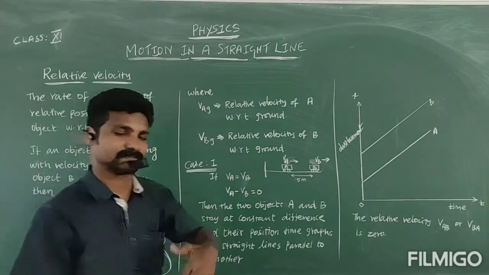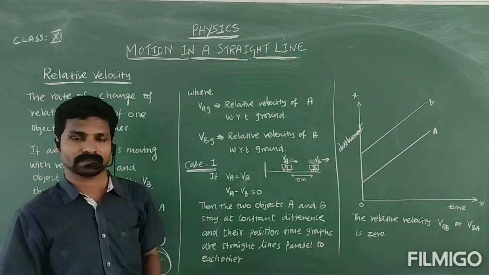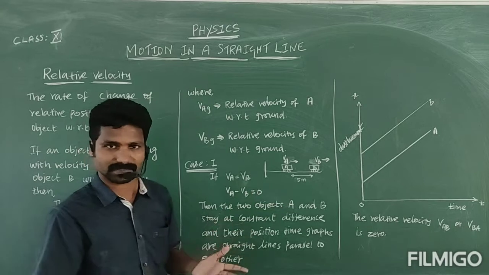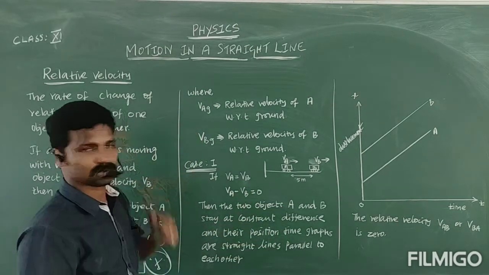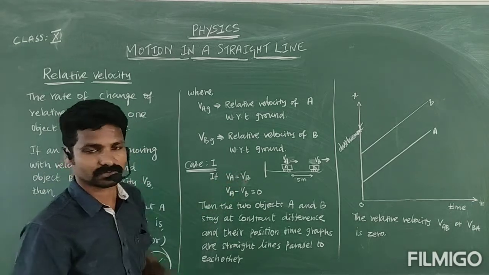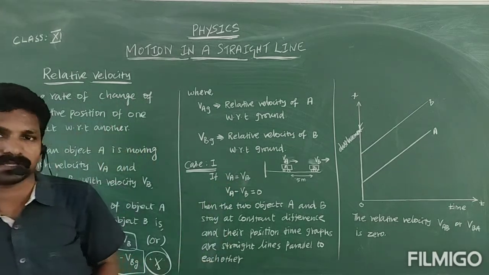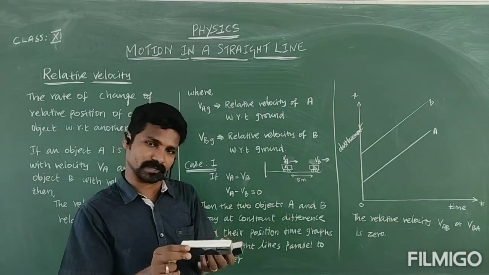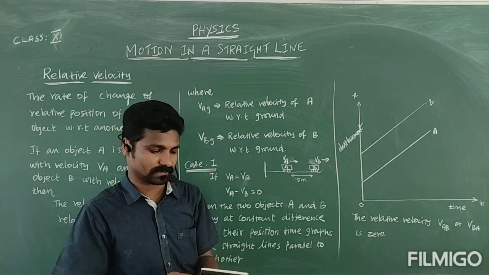Now we discuss some special cases. Maybe both having the same speed or different speed or whatever. See that. Case 1. If VA and VB are equal, so what happens?